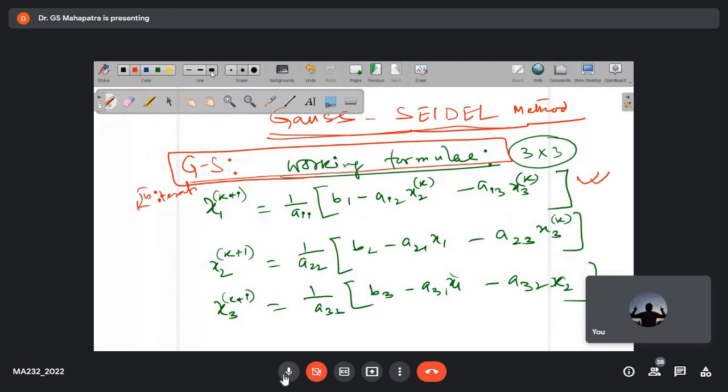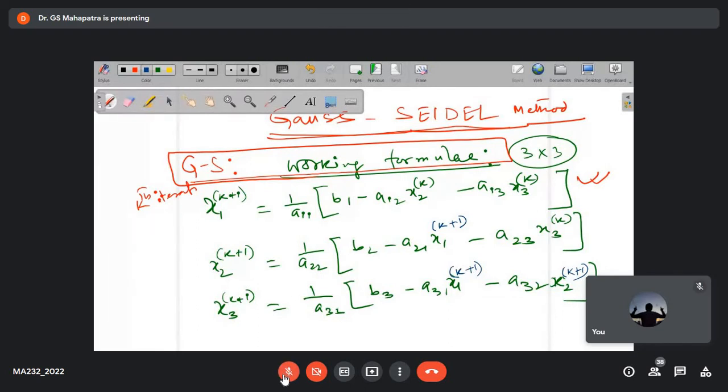You just see what I have written in different color: k plus 1, k plus 1. Here it is also k plus 1. Here it is also k plus 1. Any doubt?